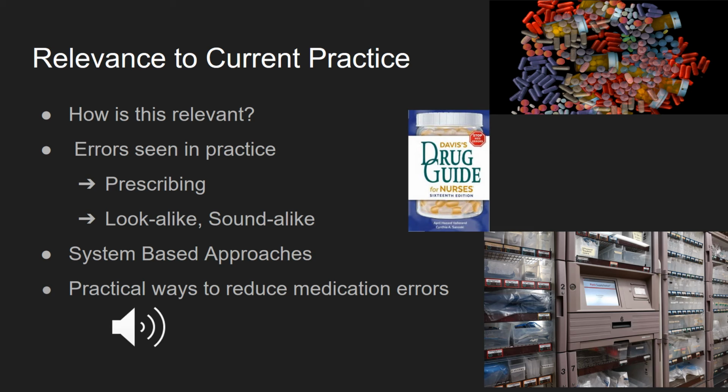One of the benefits that we have to avoiding this error in practice is the usage of barcode scanning at the bedside. Other ways of preventing medication errors are system-based approaches.